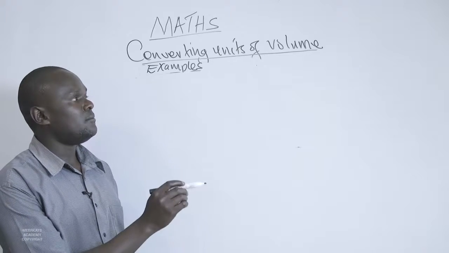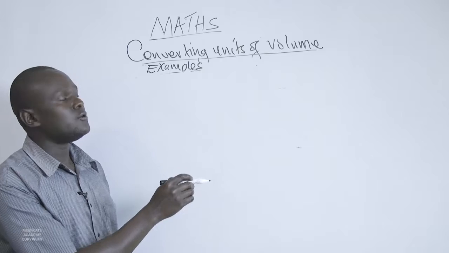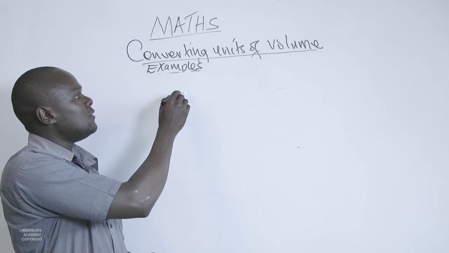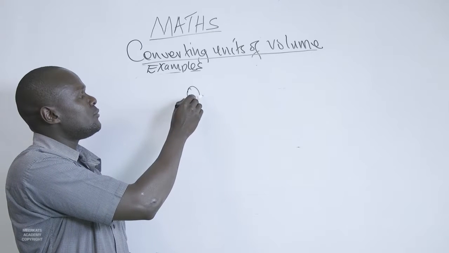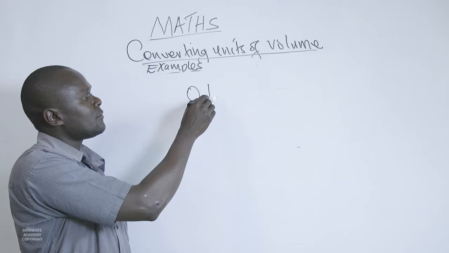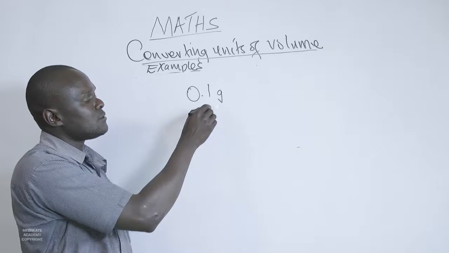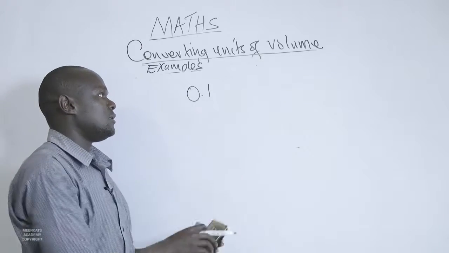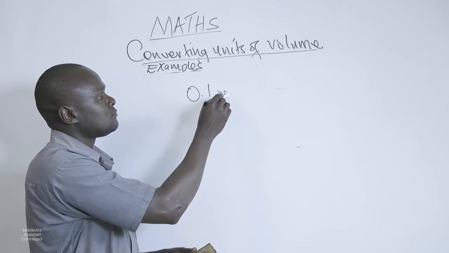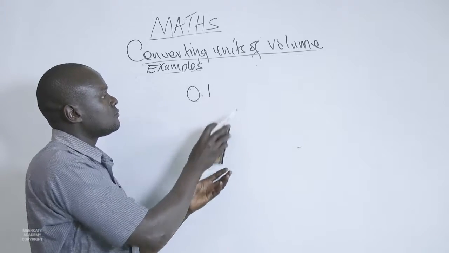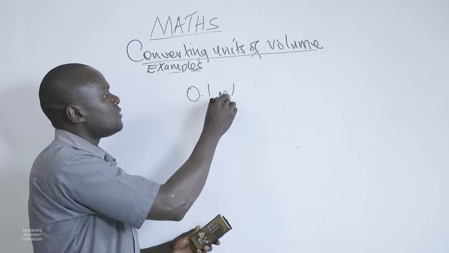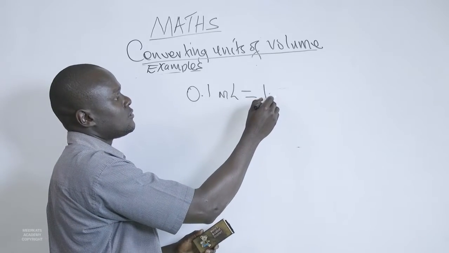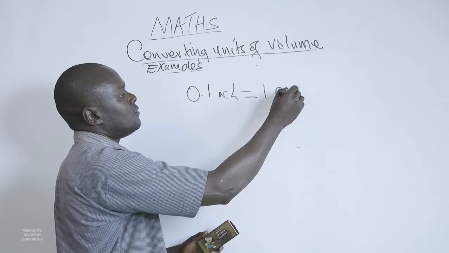Say someone was supposed to be given a dose of medicine for a certain malady, and the doctor was supposed to write 0.1 milliliters, and instead of writing 0.1, the person writes 1.0 milliliters.